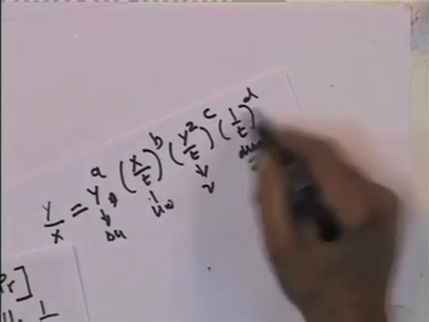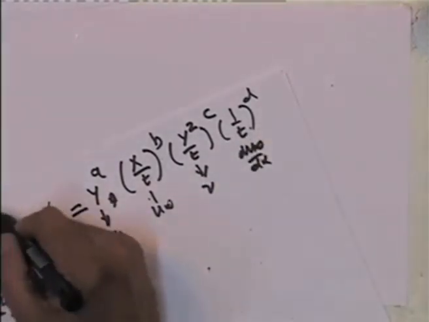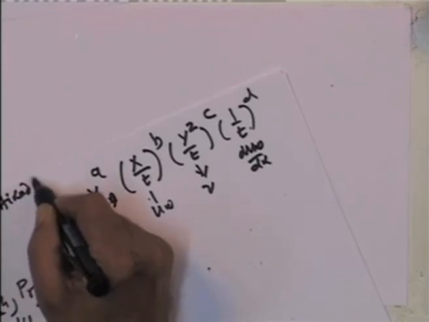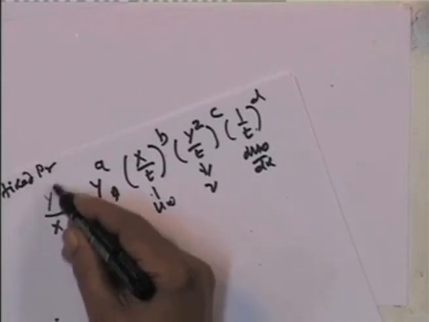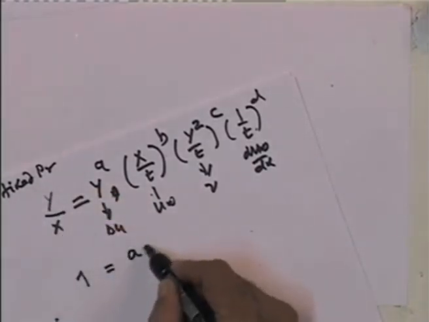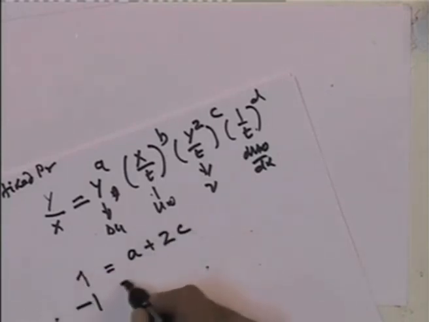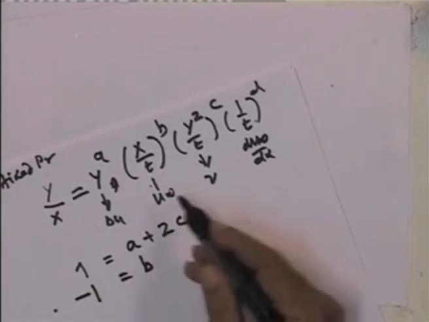So, I have captured all for a fixed Prandtl number. If I equate the like powers, the power of y on the left hand side is 1, so that will equal a plus 2c. Power of x is minus 1, which will be equal to b, and the power of time is 0, equal to minus b minus c minus d. So, with this I can determine a, b, c and d.